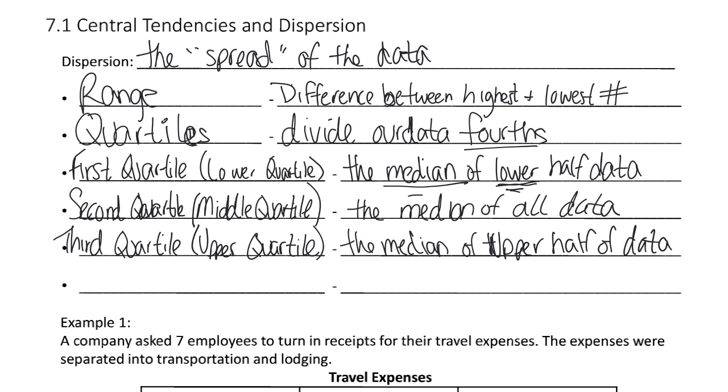Last one is going to be the interquartile range. We also write that as IQR. So that's how I'm going to shorthand it, because I hate writing all of that out. So just shorthand it to IQR.